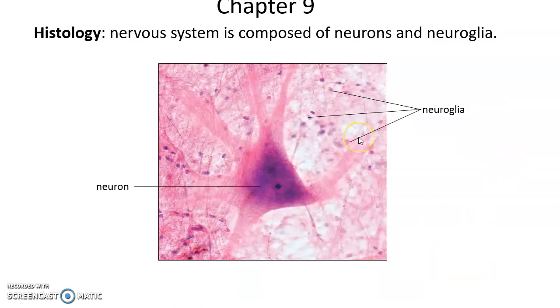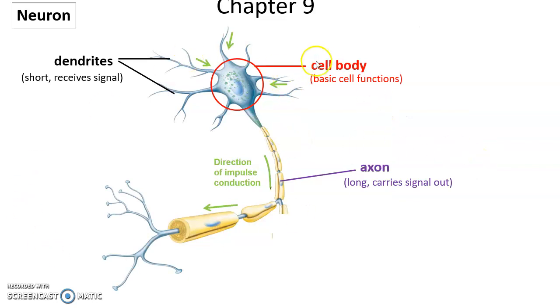Here is a slide of nervous tissue. This large cell here is the neuron, and then all these little dark spots, they represent the nuclei of the various neuroglia cells. So here is a basic neuron where we have the cell body. Cell body houses the structures expected for cell function: nucleus, mitochondria, Golgi apparatus, etc. Then coming off of it are these short little processes called dendrites, and the dendrites and the cell body are able to receive signals, so they are receptive to receiving signals.